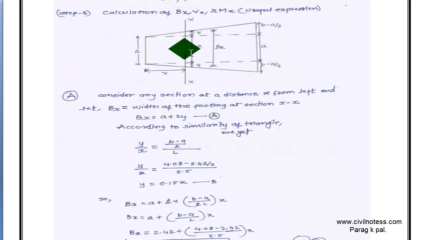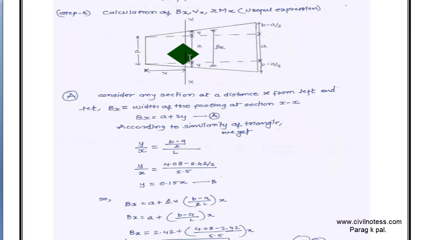Using this equation, first we have to calculate Bx, then we calculate Afx, the area of footing at this xx section. We place one section here, the xx section.